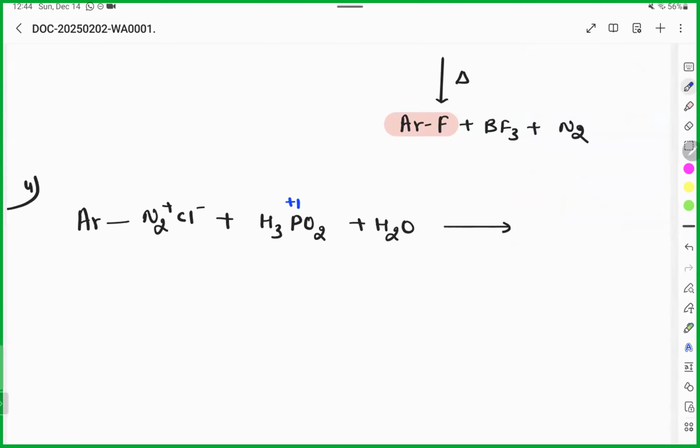Now this name is hypophosphorus acid, also known as phosphinic acid. You should know all these names.